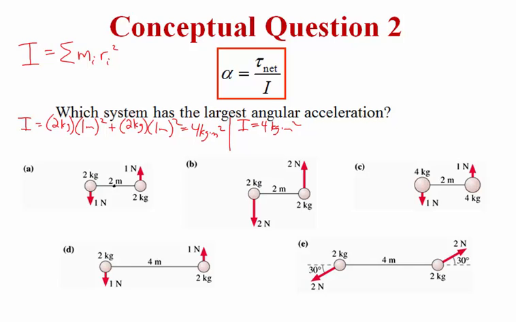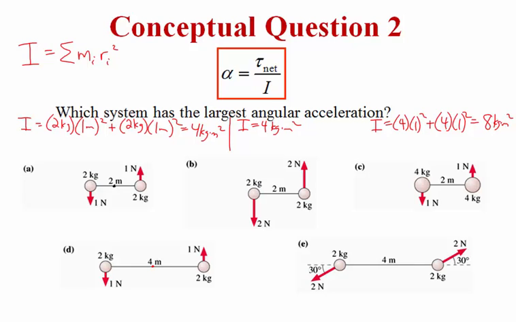In case C, we have different masses. We have 4 kilograms on the same 2 meter long rod. And so this is going to be 4 kilograms times 1 squared plus 4 kilograms times 1 squared. So that's going to be 8 kilogram square meters. If I look at case D, it's 2 kilograms on a 4 meter long rod.